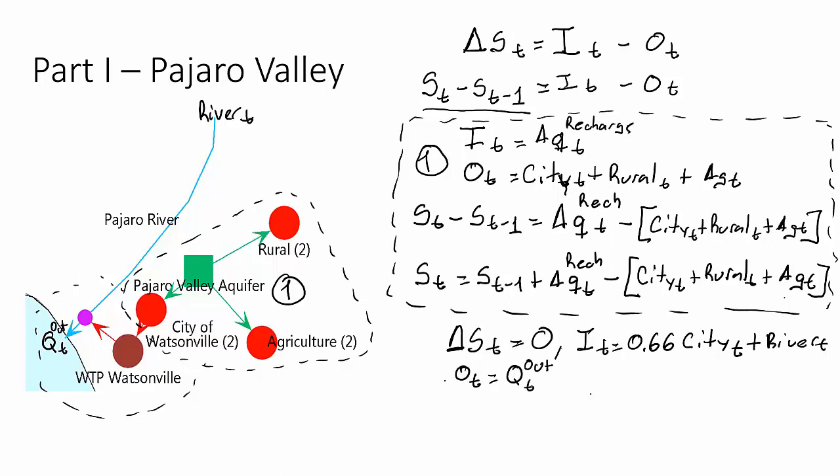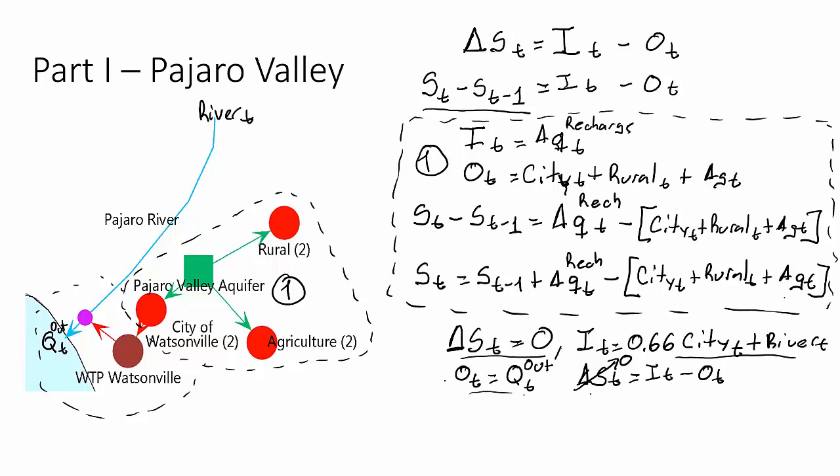So when we substitute in this one, the change of storage equals the inflows minus the outflows. In this case, this is 0 because there is no water storing here. The inflows are this and the outflows are this.